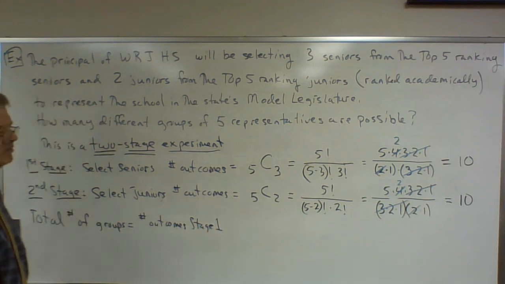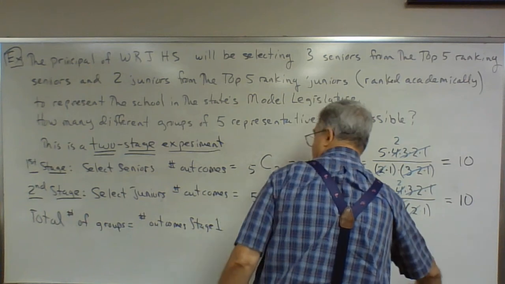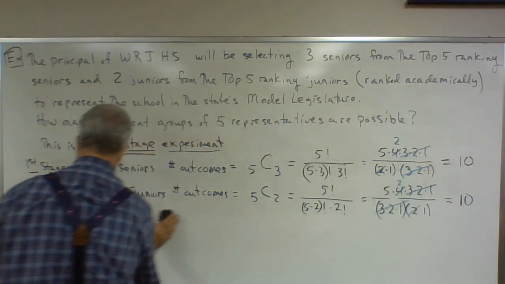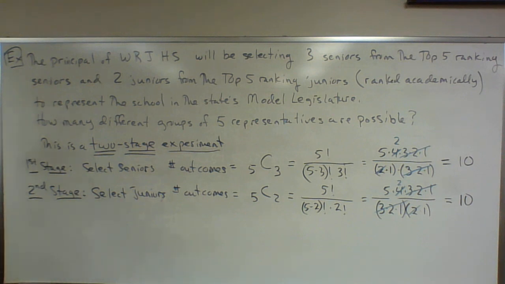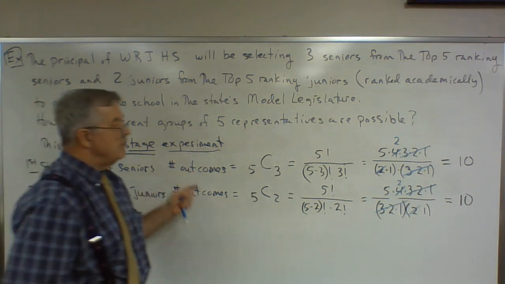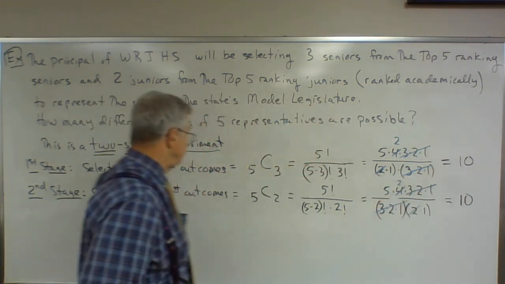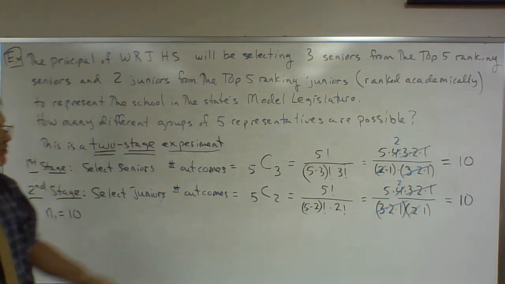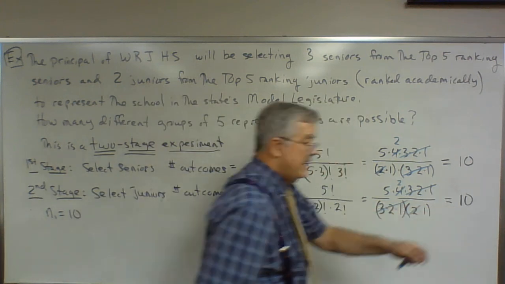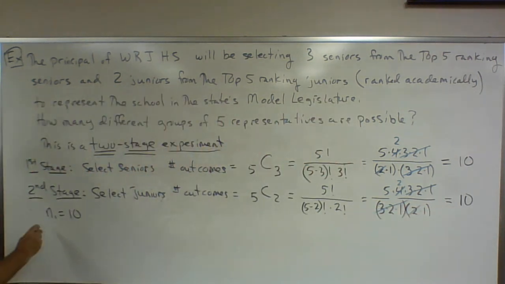I'll tell you what. Let's use some of the terminology from before. First stage, number of outcomes, 10. So I'll write N1 equals 10. Second stage, number of outcomes equals 10. So I'll write N2 equals 10.